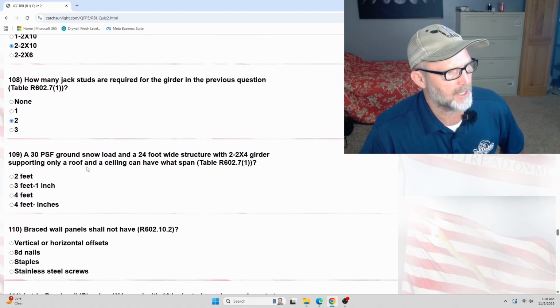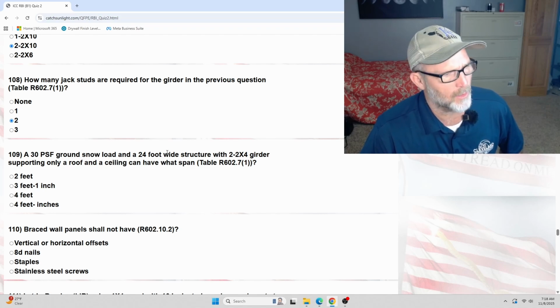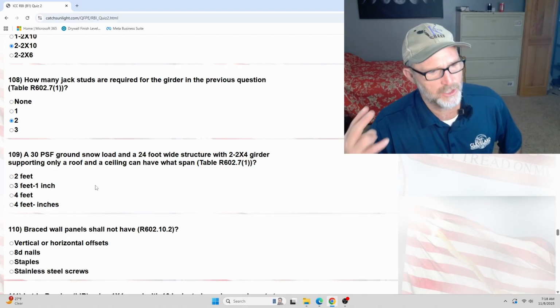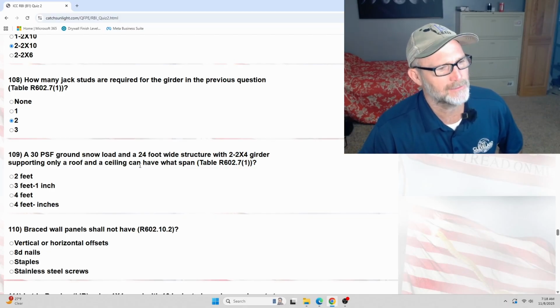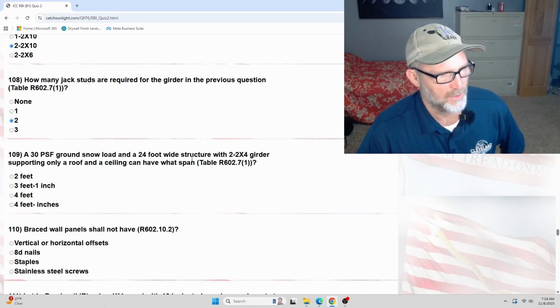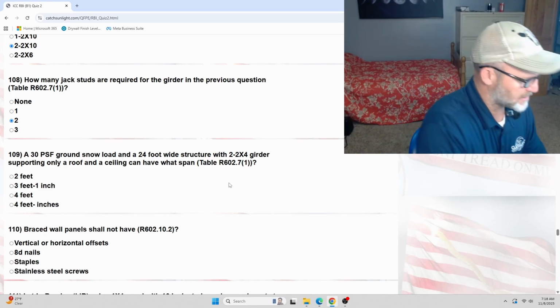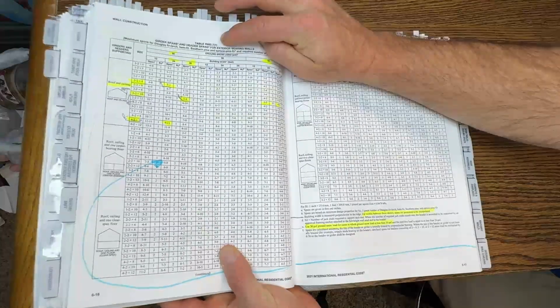All right, a 30 PSF ground snow load and a 24-foot wide structure with a 2x4 girder. So you're using 2 2x4s together, supporting only a roof and a ceiling. What span are you allowed to have with 2 2x4s? Let's take a look. R602.7, parenthesis 1. So we're going to go back to this section again.